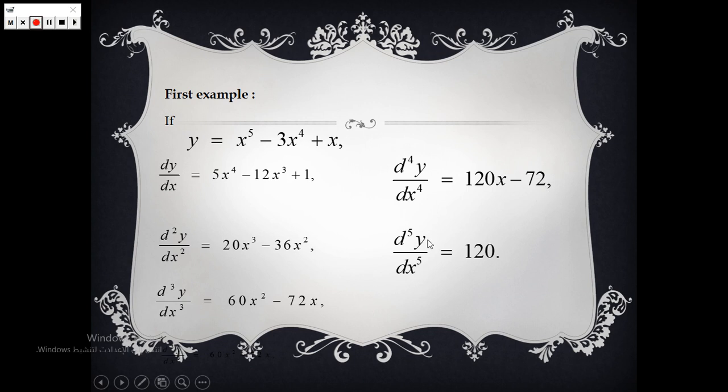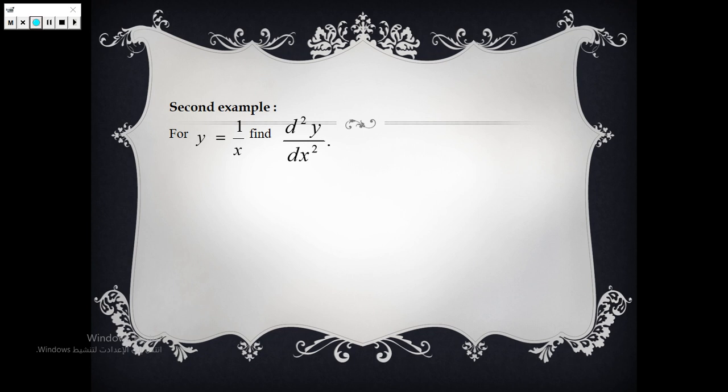Finally, d5y over dx5, which means fifth derivative of the function, equal 120, because the derivative of 120x will be 120. If he asked us to find d6y over dx6, then it's equal 0 because the derivative of any constant will equal 0. Yes.